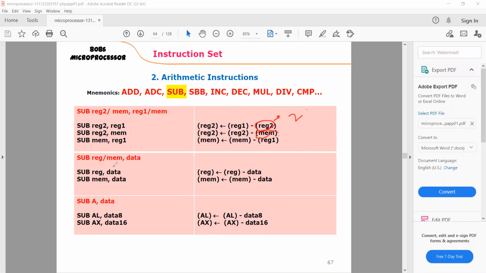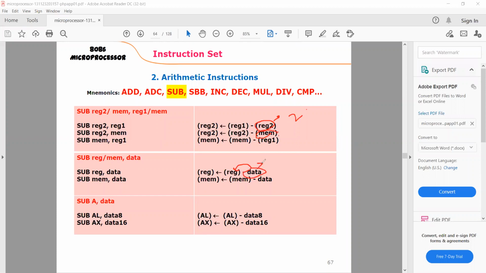Similarly, the second category, sub register comma data, tells you that the direct data given in the instruction will get subtracted from the data present in the register. That means this data will be 2's complemented.